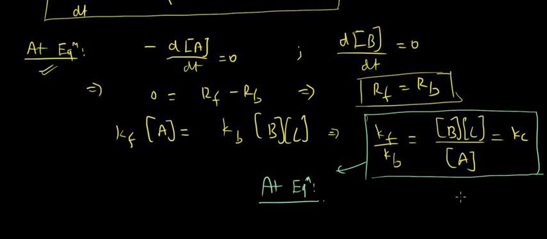So this gets us to the same formula which we have discussed before, but we got one more analogy: the equilibrium constant would be equal to the rate constant for forward direction divided by the rate constant for backward direction, or nothing but Kf upon Kb.